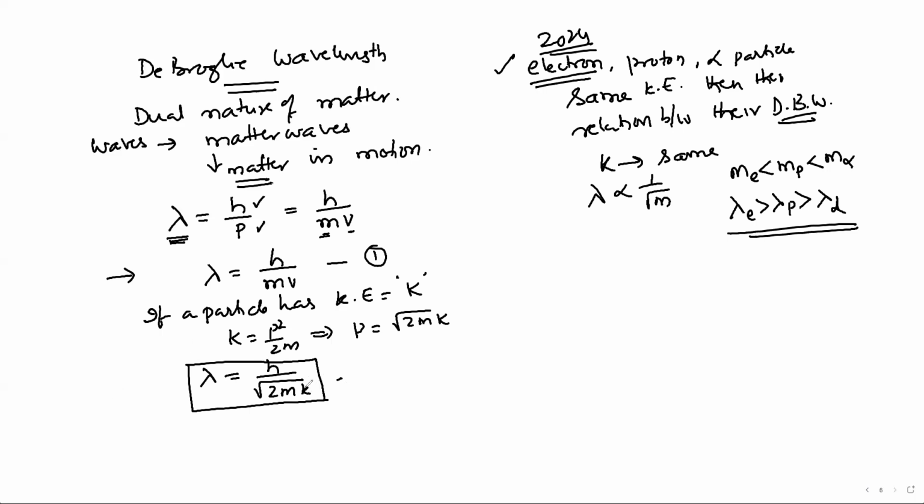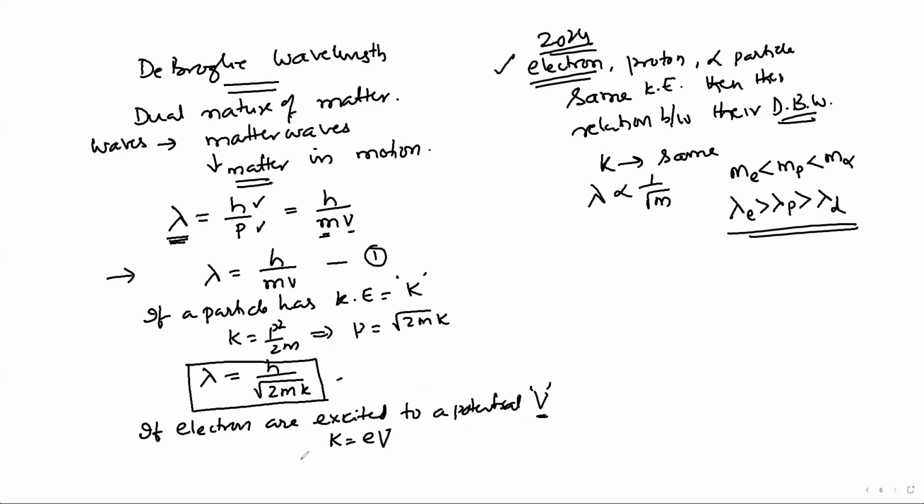Here K is the kinetic energy. And if electrons are excited to a potential V, then what will be the de Broglie wavelength? When electrons are excited through a potential difference V, the kinetic energy of electrons is eV.